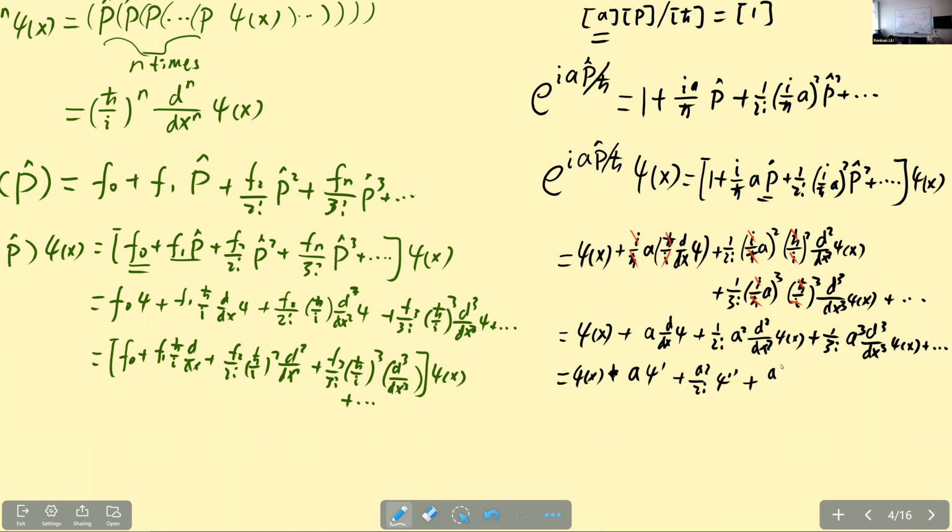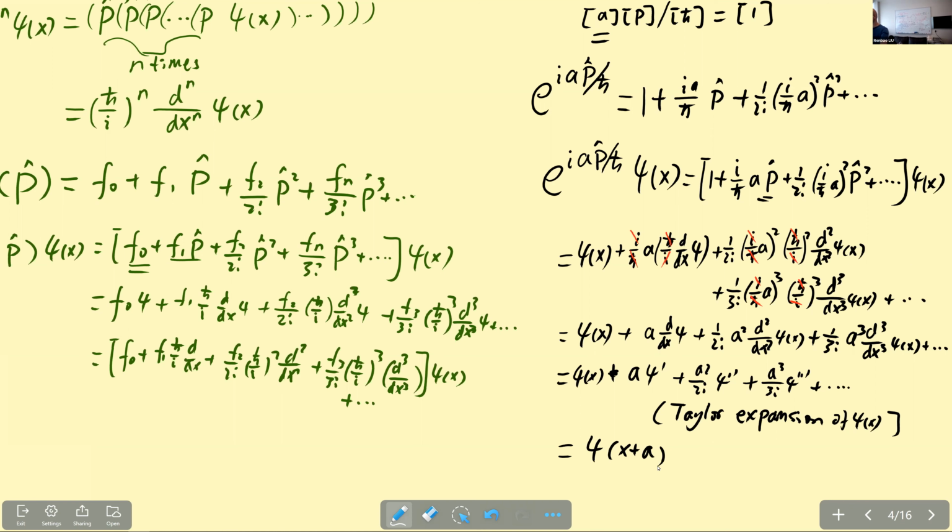And then the third thing is A cubed over 3 factorial psi triple prime. And so on and so forth. So you can see this is nothing but just a Taylor expansion of psi of x, okay? Right? So if we do the summation for all of these terms, this will simply just be psi of x plus A, okay?